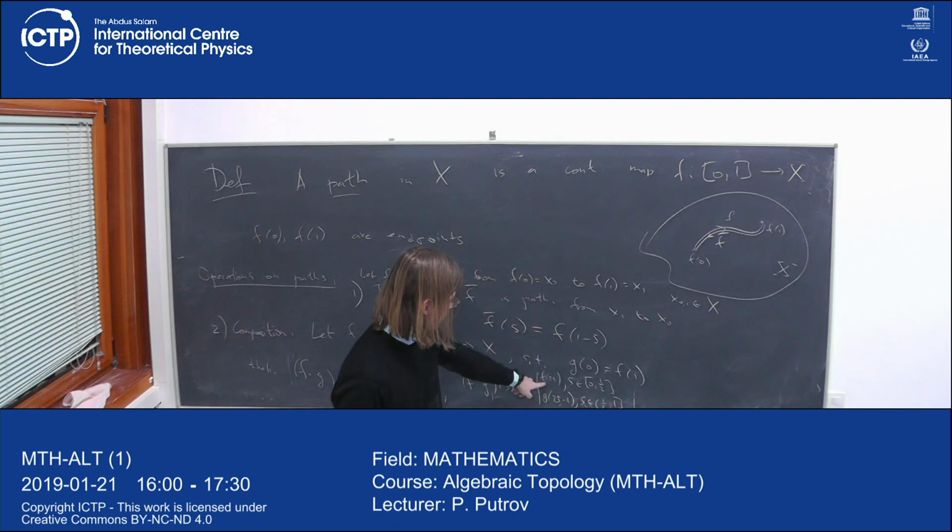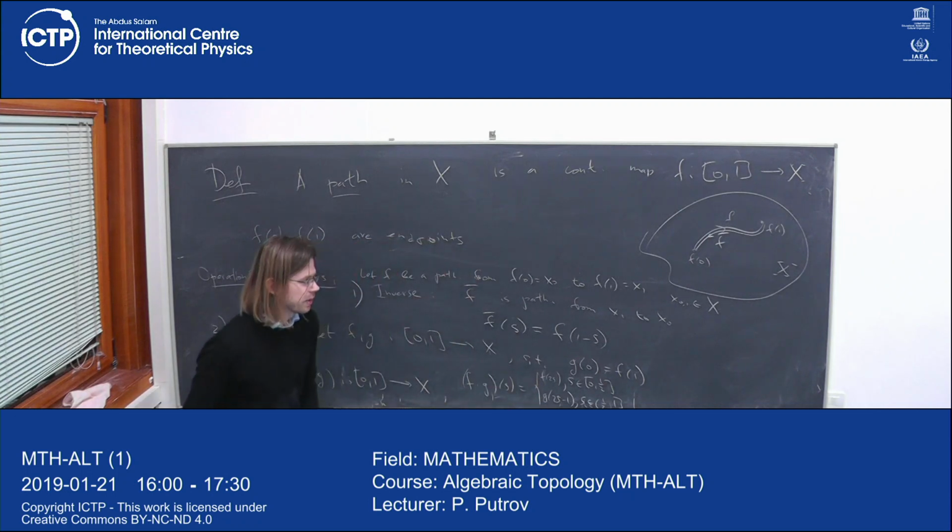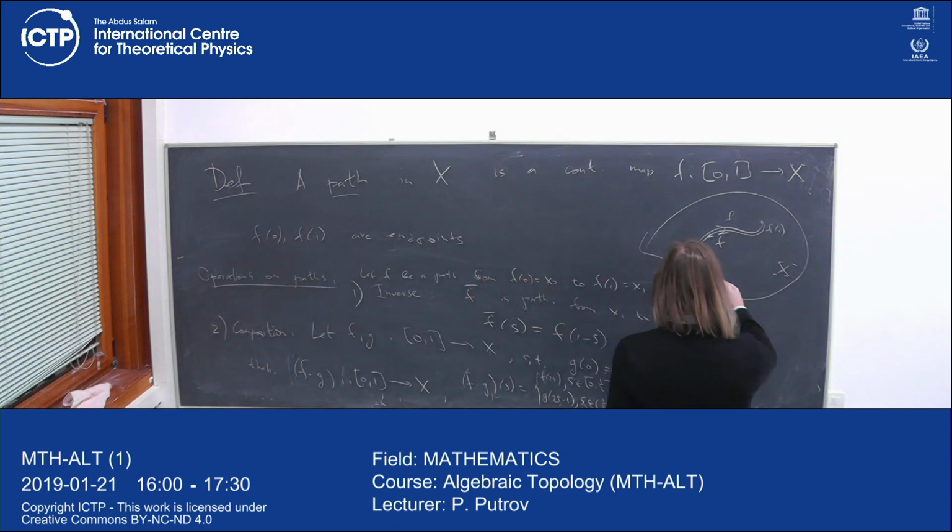No, I think it's the endpoint. So for example, when S is equal to 1/2, here we have F of 1, and here we have G of 0. So it's okay. It goes like this.